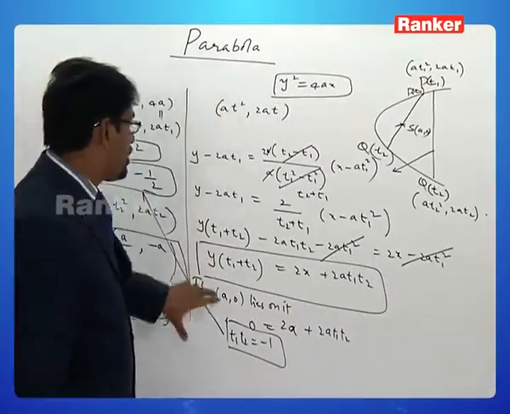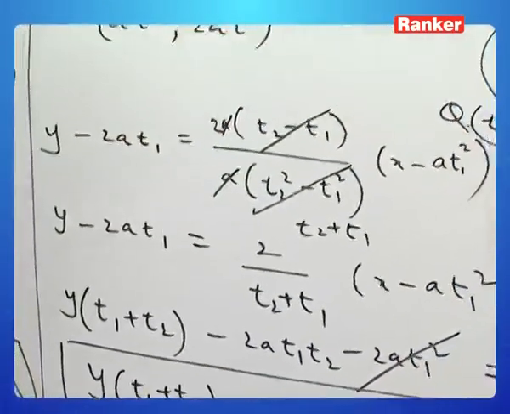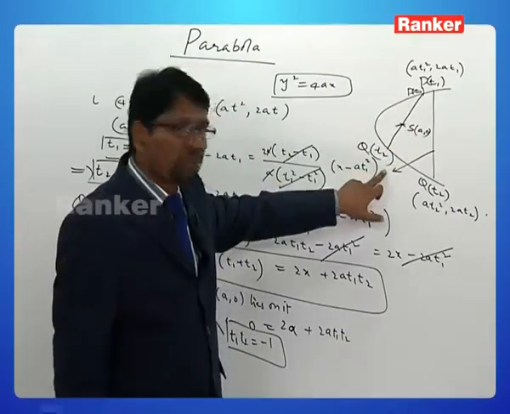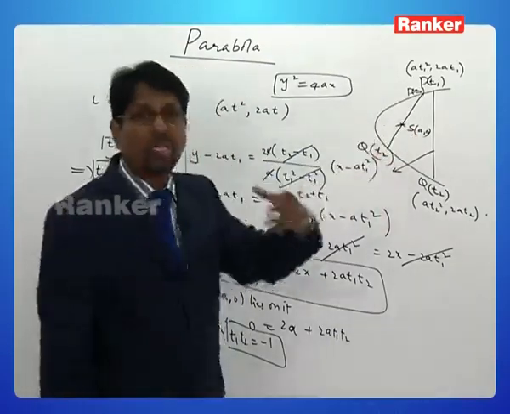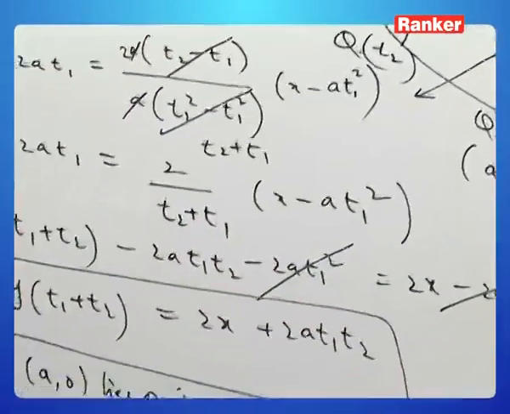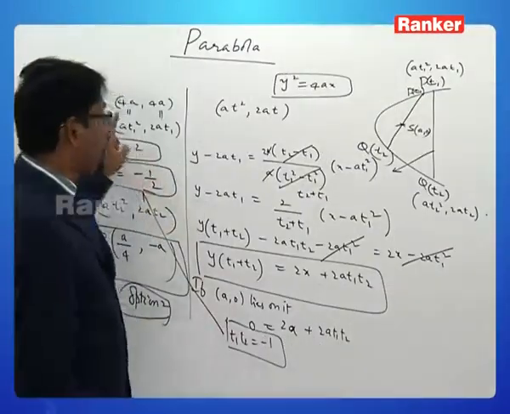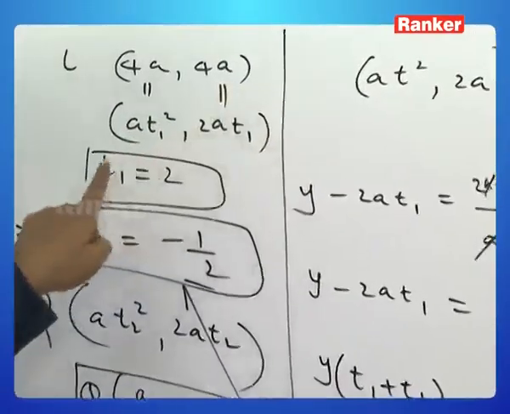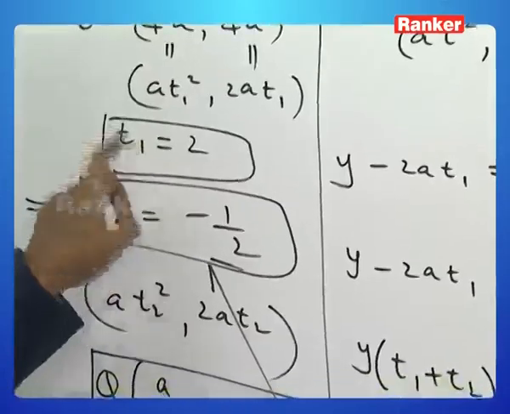This is a theory that you need to remember, or finally the condition that you have to remember is, if t1 and t2 are the parametric values of the extremities of a focal chord, then the product of these values has to be equal to minus 1. What I have done was, for 4a comma 4a, I found the parametric value corresponding to it, which we called t1.